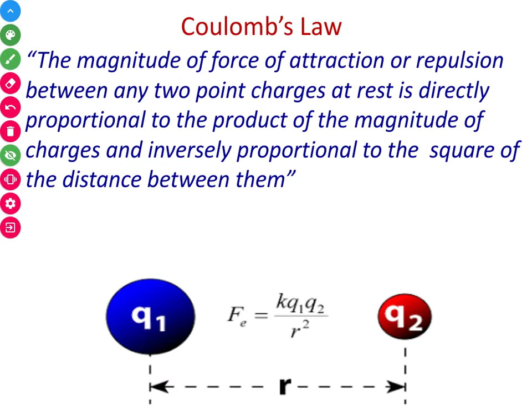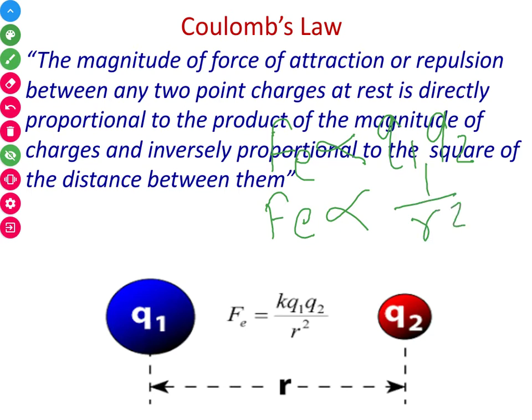If we combine both, Fe is proportional to Q1 into Q2 and Fe is proportional to 1 upon r square. So Fe, the electrostatic force between the two charges Q1 and Q2 at distance r, is proportional to Q1 Q2 upon r square.